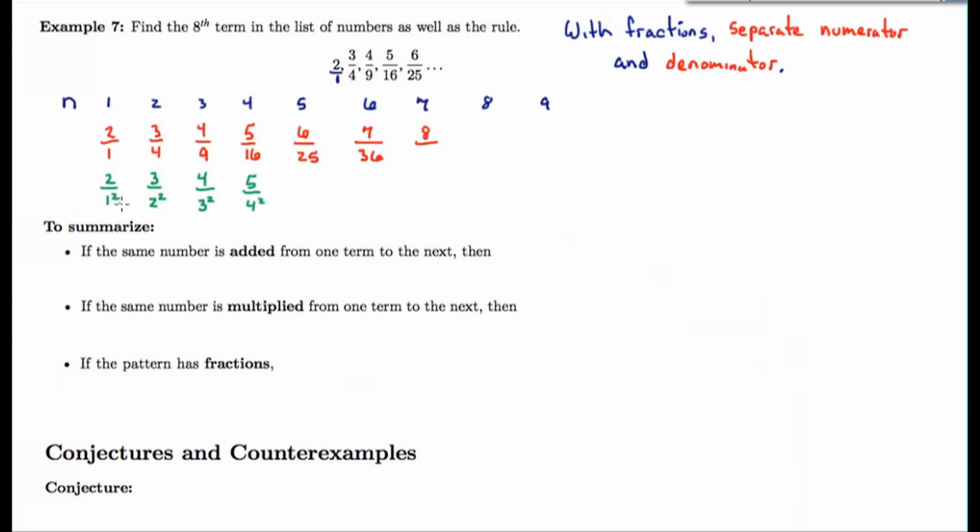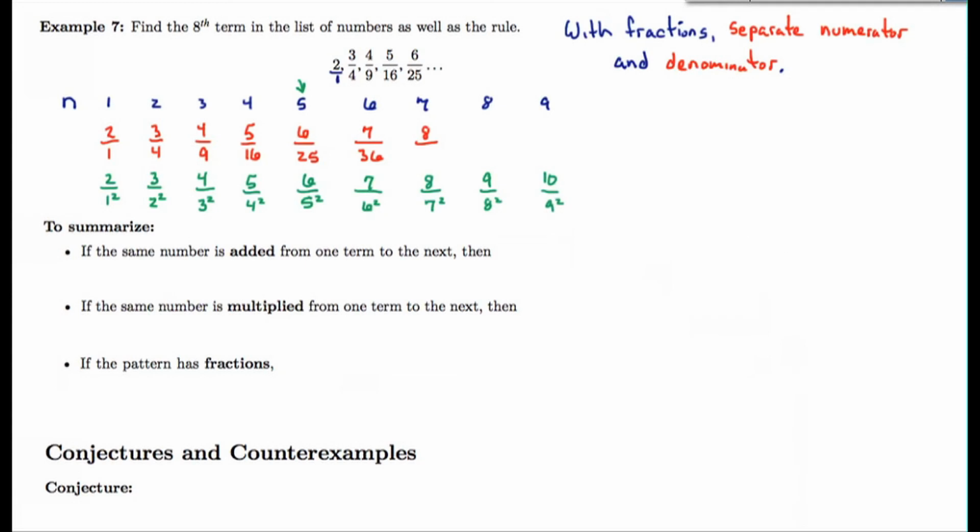We're just counting consecutively and squaring the number. So this is 6 over 5 squared. Notice 5 is the same as the term 5. 6 here, 6 squared. 7. So this would be 8 over 7 squared. 9 over 8 squared. And 10 over 9 squared.